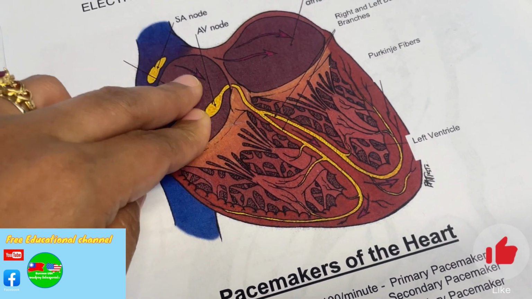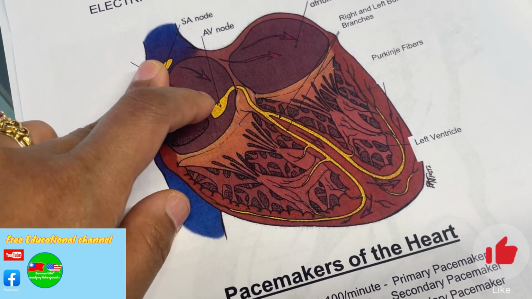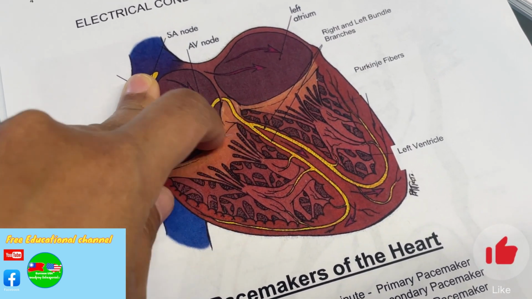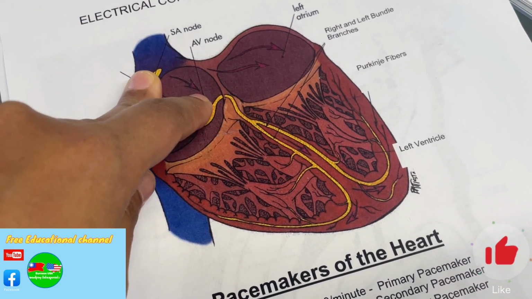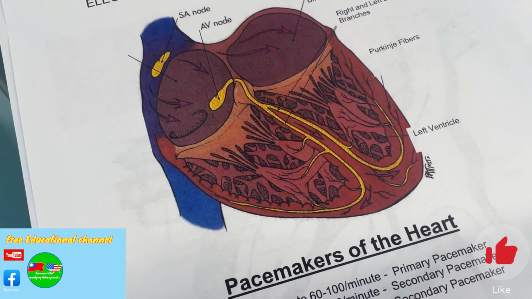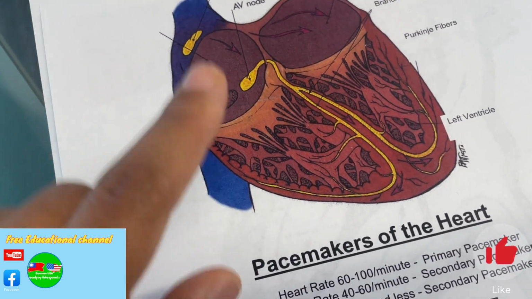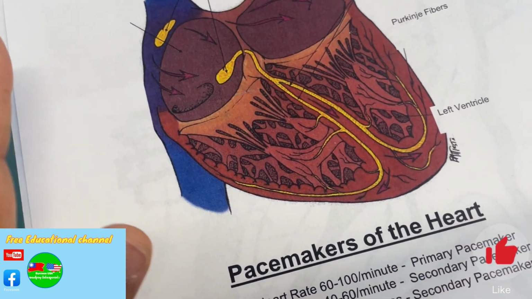So if you have a problem with the SA node and you are only relying on the AV node, then it is going to be bradycardia, because it's always at the low side, right? And that also has a lot of factors, not just that.